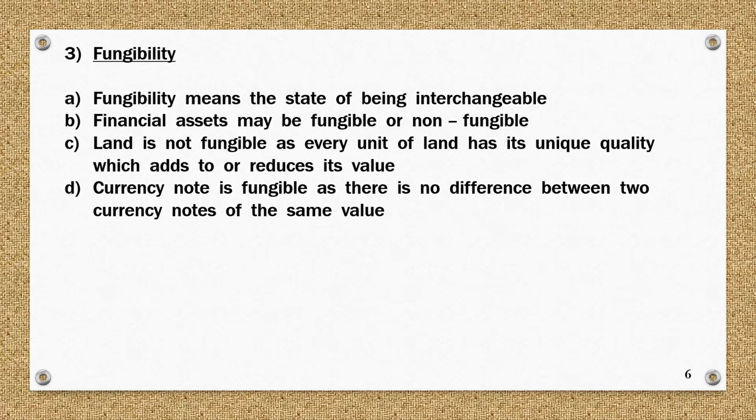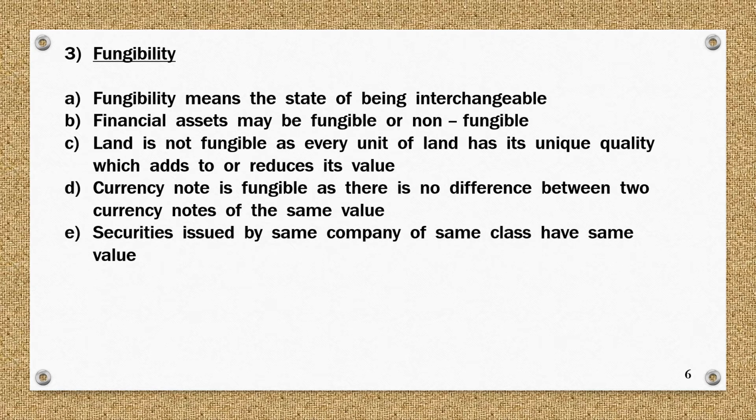For example, if we want to purchase a dairy milk worth rupees 10 and we have in all 10 notes of rupees 10 each, then it makes no difference whether we pick up the first note of 10 or second or the last, as all 10 rupee notes have the same value. It is for this reason that currency note is considered to be fungible.